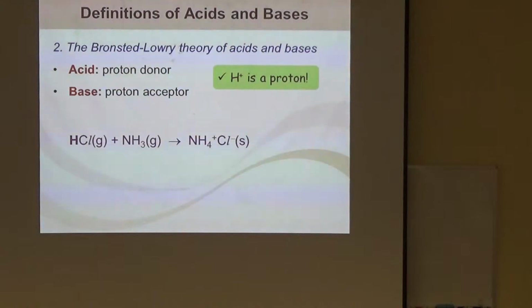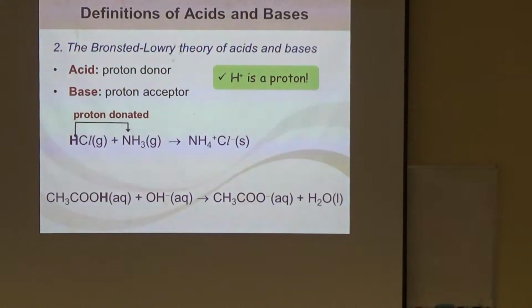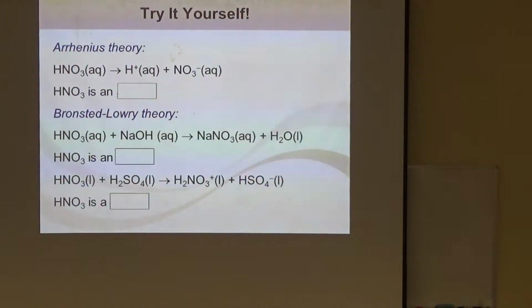Okay, so HCl, it donates the proton to ammonia, so NH4 plus chloride. The Cl is a spectator ion. Okay. So this one is ethanoic acid plus OH minus. The ethanoic acid donates the H plus to the OH minus, and then you get water. Okay, so the OH minus is this.